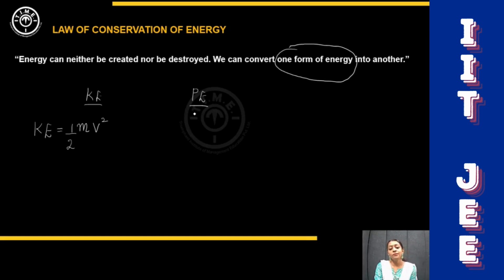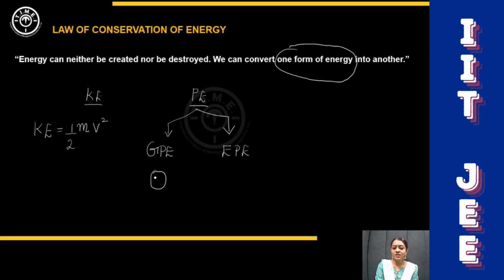Similarly, talking about potential energy, we have two different kinds of potential energy, which is called gravitational potential energy and elastic potential energy. So, what do you mean by gravitational potential energy?